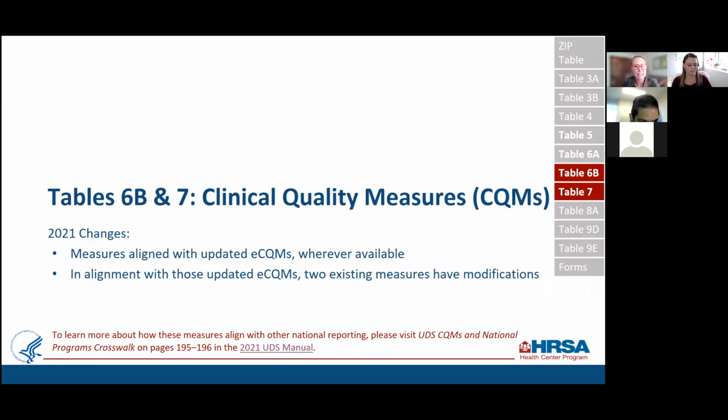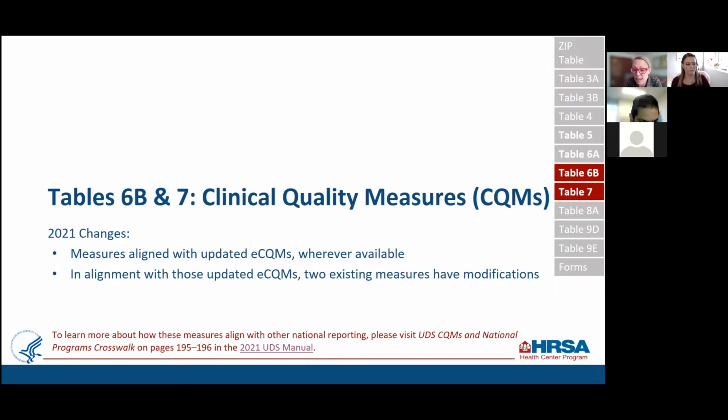I welcome that. So with that, we left off with the clinical quality measures and tables, tables 6B and 7. As is the case for each year, the clinical quality measures are aligned with the electronic clinical quality measures.